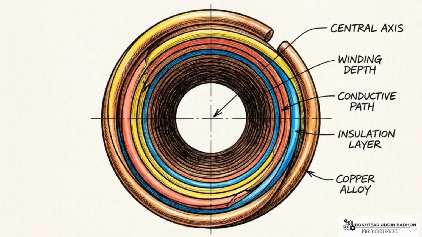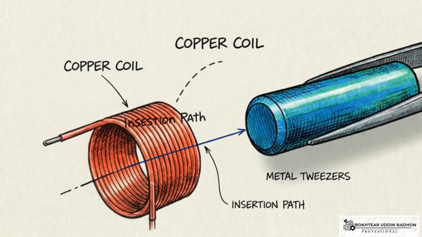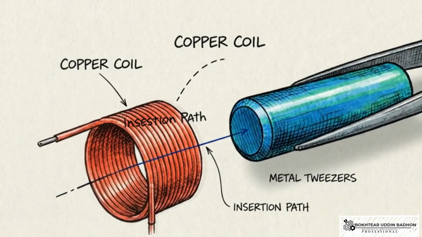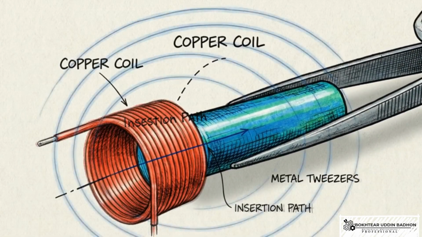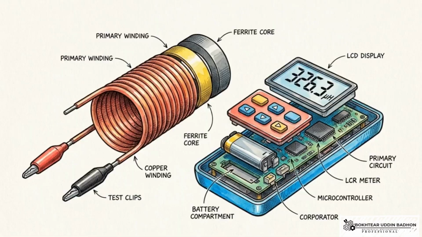The ultimate physical variable in an AC circuit sits at the geometric center of the inductor coil itself, the core material. We can observe this by comparing the electrical properties of an empty air core coil against that same coil when a ferrite rod is inserted. The baseline bench data shows the hollow air core coil generates an inductance of 326.3 microhenries.